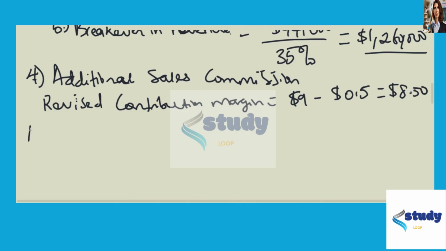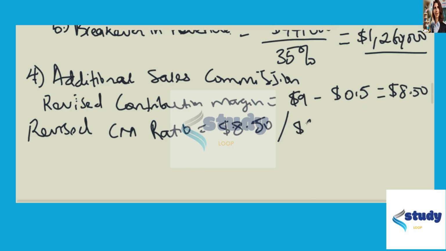The revised contribution margin ratio will be equal to 8.50 that it was before, divided by $30, and this will give you 28.33%.